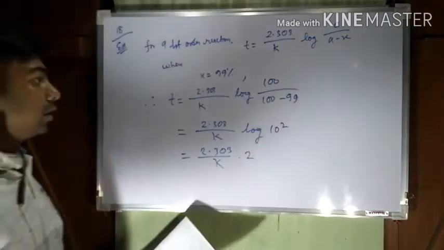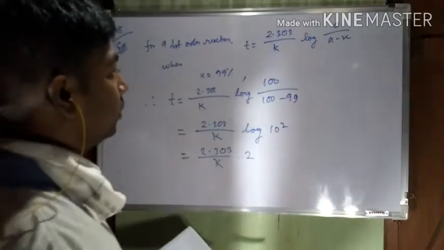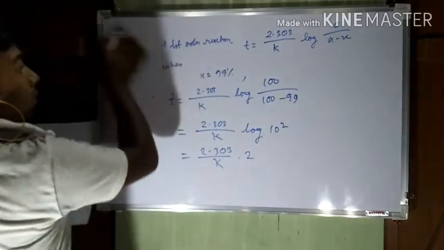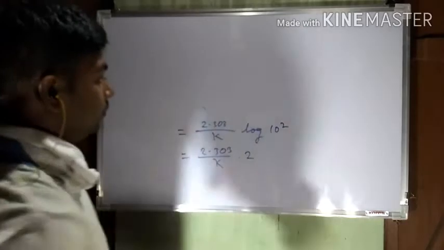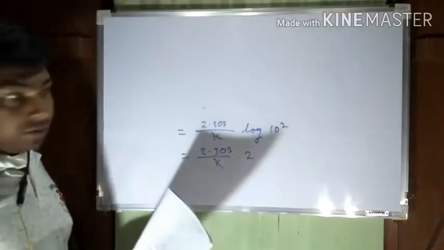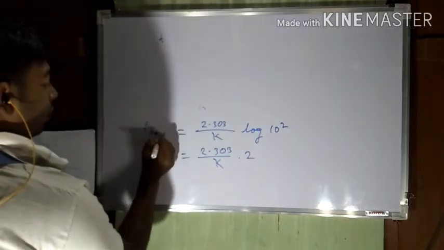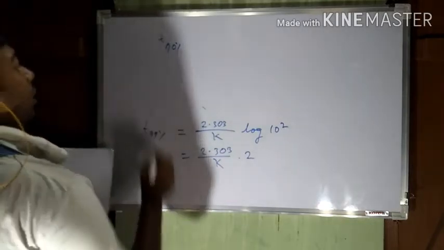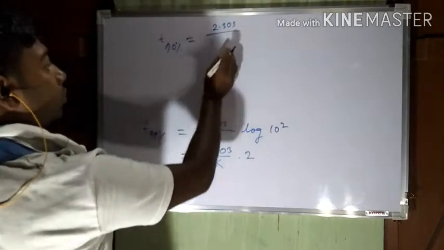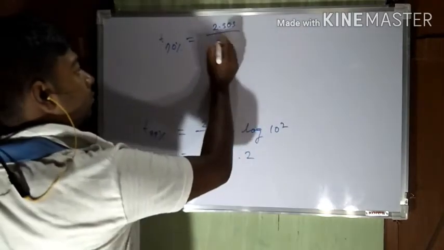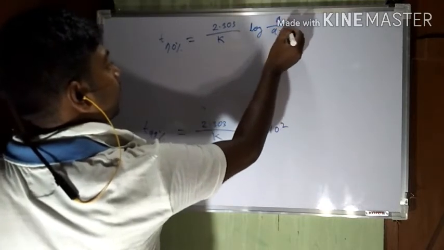Now let us calculate the time for 90% completion. Again t equals 2.303 divided by K log of a by a minus x.